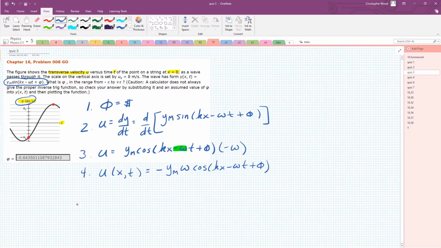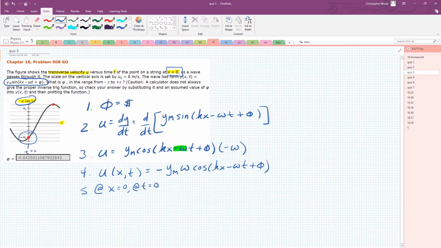Now I can peel some points. Let's look at this point, number 5. At x equals 0 and at t equals 0, so this is t equals 0.